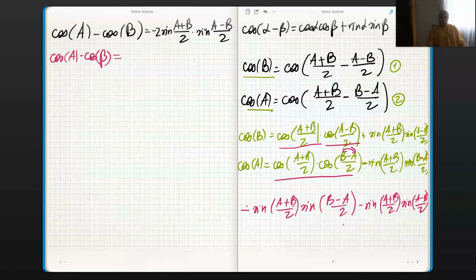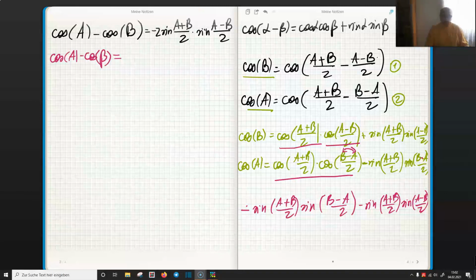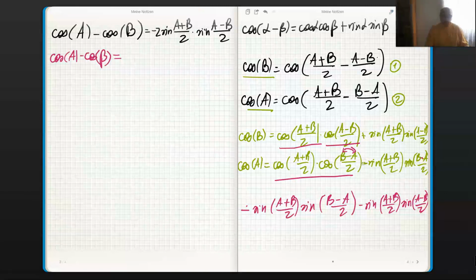Now, if I'm moving the minus here, all right. Okay, now we see the mistake. It should be a plus here because we're working with a minus, so it's a plus. And so it's plus here, it's minus there, that's fine.